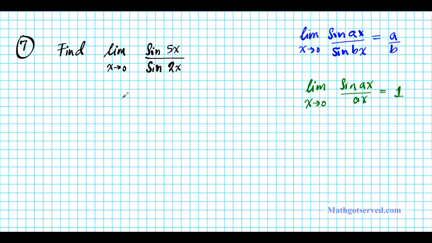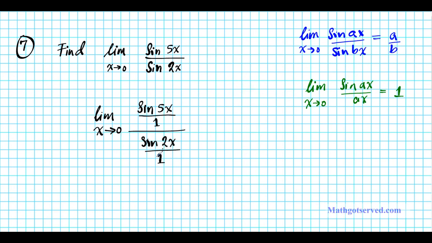To do that, first thing I'll do is rewrite the numerator and the denominator. I'll write the numerator as sine 5x over 1, over sine 2x over 1. Now the goal here is I want the denominator and the numerator expression to be identical to the sine argument 5x.